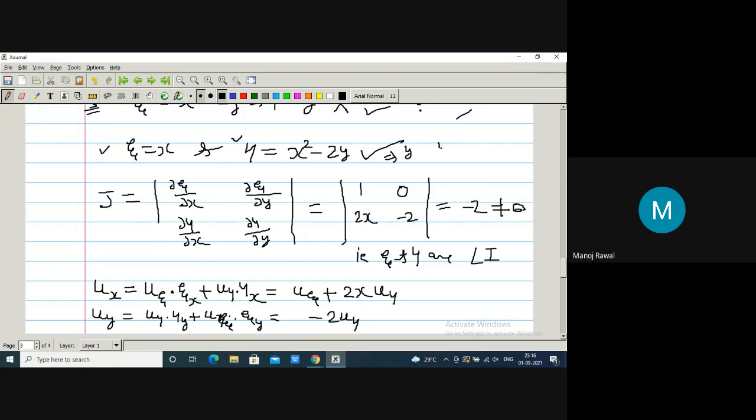Y will be eta minus x square upon minus 2. So that change we will make accordingly. Is that understood, students? I can replace y is equal to this in my given differential equation. And x is also given as xi. So here plus, here minus, and x I am replacing with xi. So xi square minus 4 upon 2.